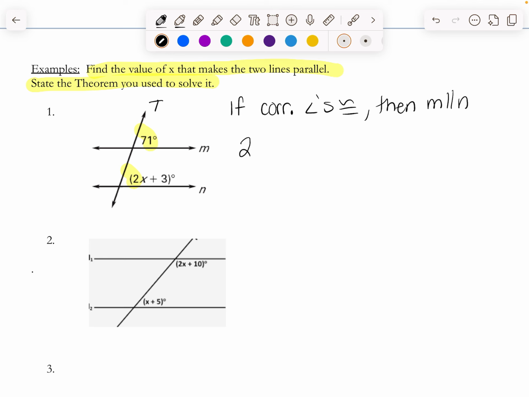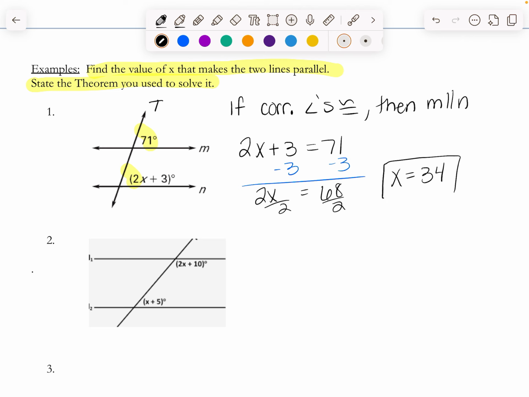So we're going to set 2x plus 3 equal to 71, and then solve for x. We subtract 3 and get 2x equals 68, then divide by 2, and we get x equals 34.